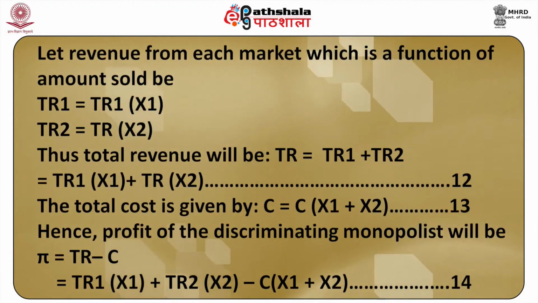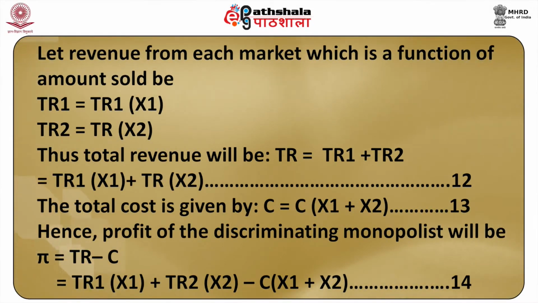Let revenue from each market, which is a function of amount sold, be TR1(x1) and TR2(x2). Thus, total revenue will be TR = TR1(x1) + TR2(x2).